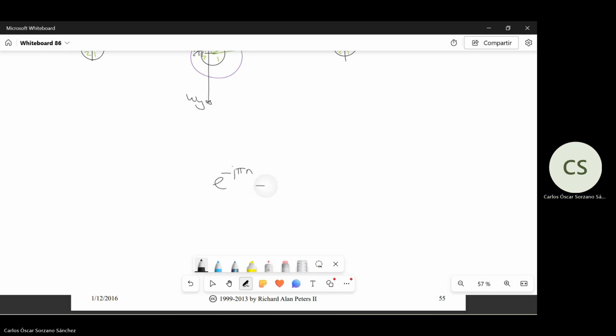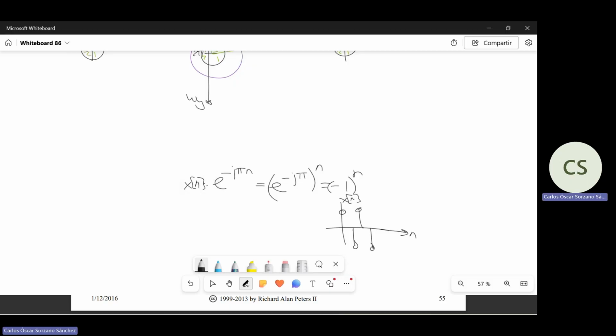It is e to the pi n, which is minus 1 to the n. So it is a signal that goes 1, minus 1, 1, minus 1. This is x of n. The signal goes from minus 1 to 1. It is the fastest you can have.